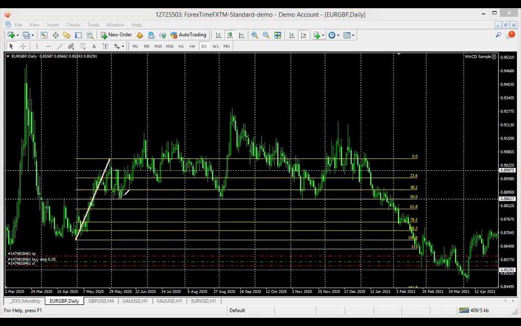Then price rises from here and gets to this point. So how do you know your Fibonacci extension? With the help of the Fibonacci extension, how do I get my take profit, since I've known where my pullback will reach and then start rising?